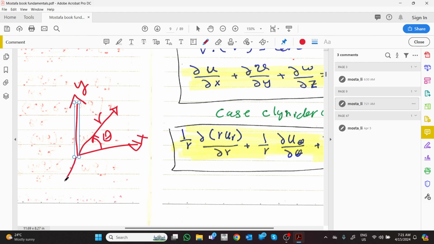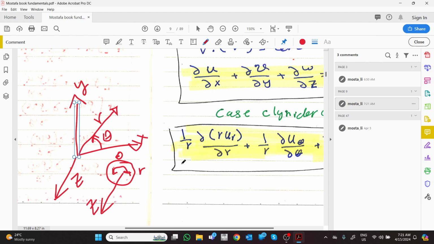Of course, if you have z, z will be the same. So r, theta, z is cylindrical coordinates, and later on it will be easier for us in case we have a cylindrical shape.